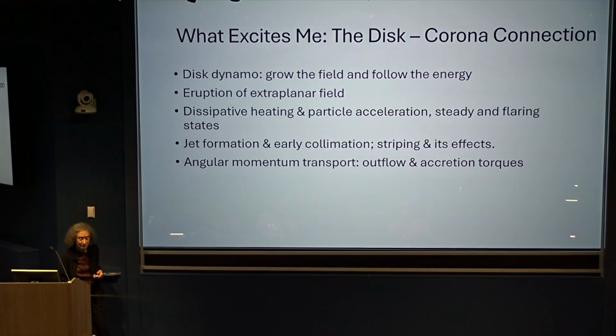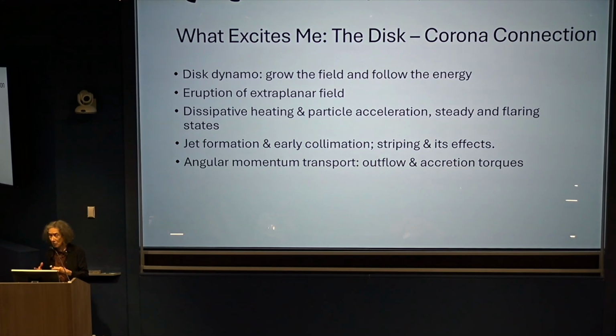So I think we're just compelled to keep going on this. I'd like to eventually come to a kind of an integrated model of a dynamo in a disk, follow the dissipation of energy into different channels, into flow, into particle heating, into acceleration.